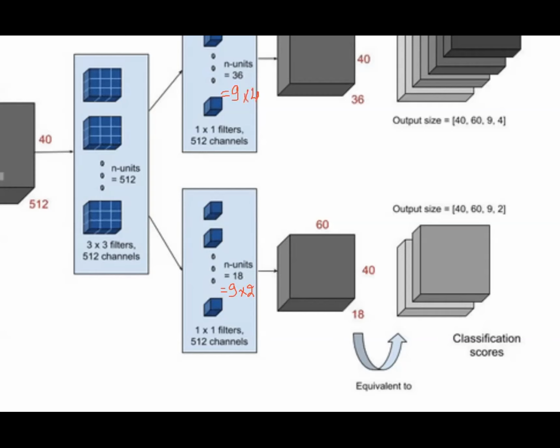So now can somebody tell me, why did we use a 1x1 kernel that has 18, or 9x2, 1x1 filters, and the layer contains 9 times 2 kernels?